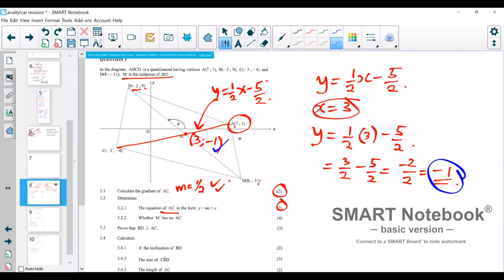It means M lies on CA. Why? Because the 3, when I put it there, I'm getting negative 1 as my y. It satisfies the equation. I hope that makes sense. Which is similar to what we did earlier on with the xl and the yl. How do you get the y value? Substitute x. So when I substitute my 3, I got negative 1, which is the negative 1 that I am given there. I hope we're okay.